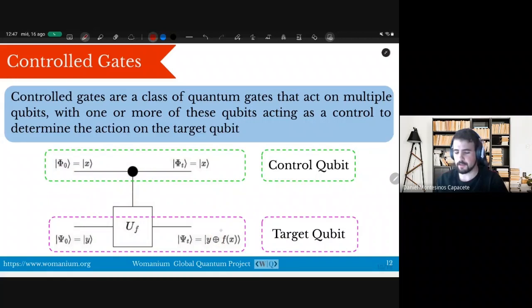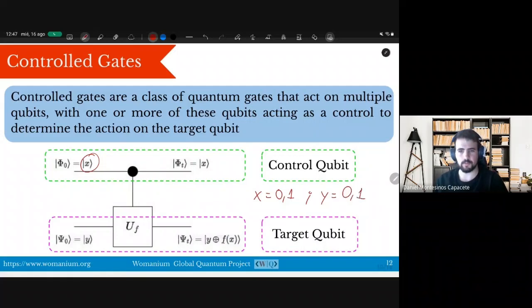But the idea is that depending on the state of this qubit, with the x and j here, I just mean that x can be either 0 or 1, and j can be either 0 or 1 also.